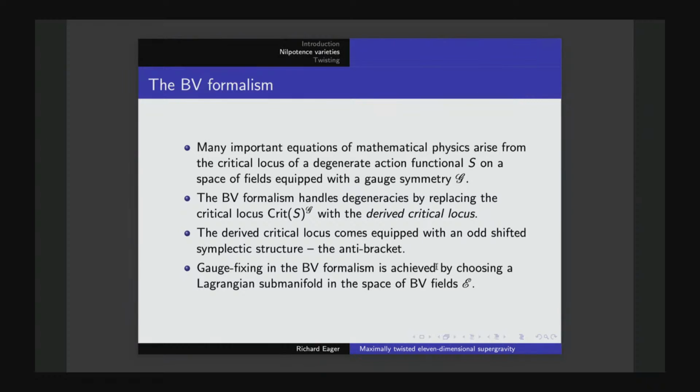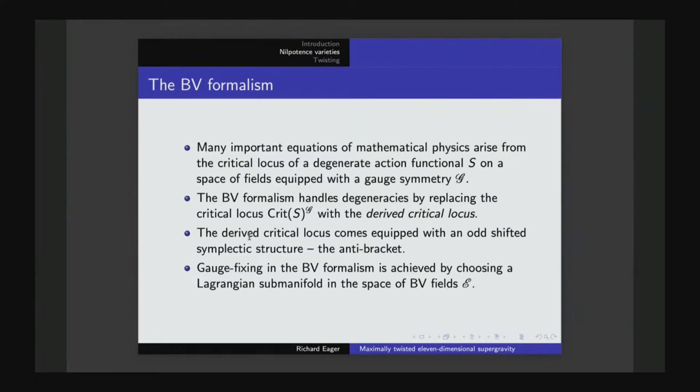A general motivation for the BV formalism is that many important equations of mathematical physics arise from the critical locus of a degenerate action functional S on a space of fields equipped with some gauge symmetry G. The BV formalism handles degeneracies by replacing the critical locus with the derived critical locus. This is often handled in the physics literature by adding what are called the anti-fields, which is the key part of the BV formalism.